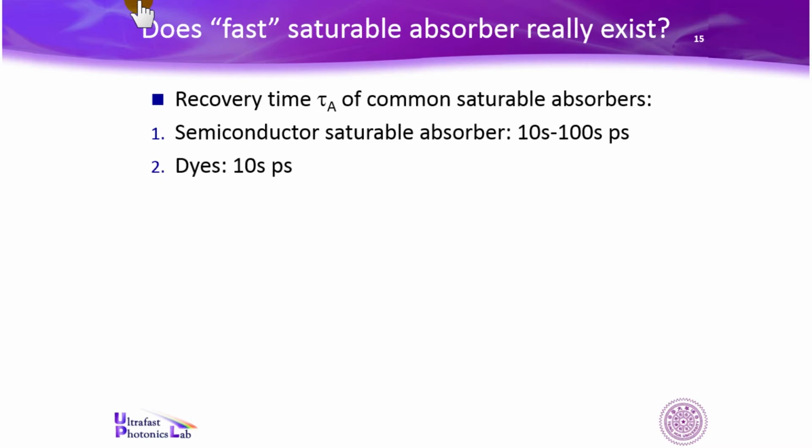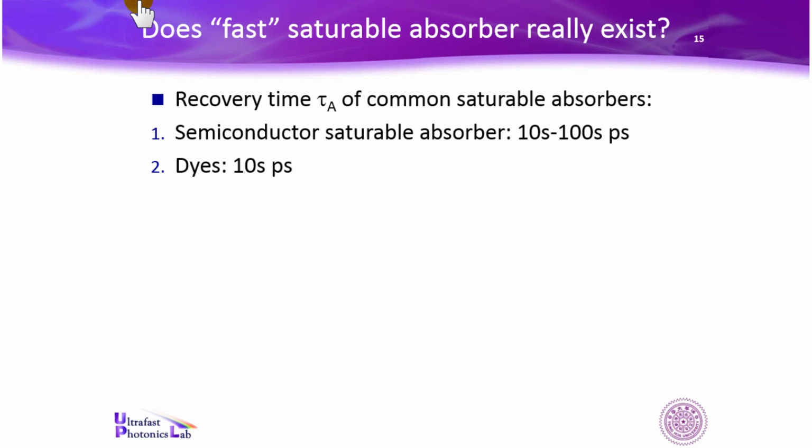And decades before, people usually used the dye lasers. Dye is a very popular medium as gain medium and as saturable absorber. The response time is about tens of picosecond, really fast. That's one of the reasons dyes played a pivotal role in early mode-locked lasers.